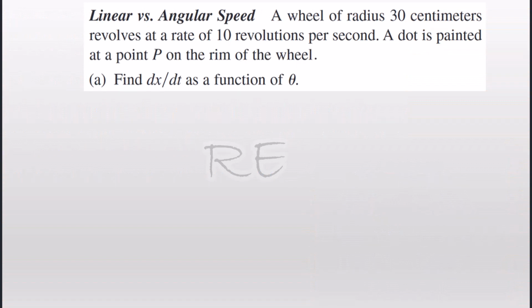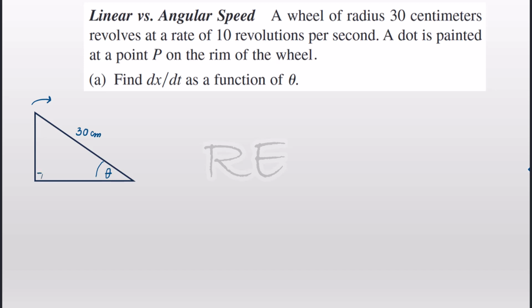The geometric model for this problem is a right triangle in which the radius is the hypotenuse and it measures 30 centimeters. The wheel is moving forward clockwise, so the revolving rate of 10 revolutions per second will be negative.